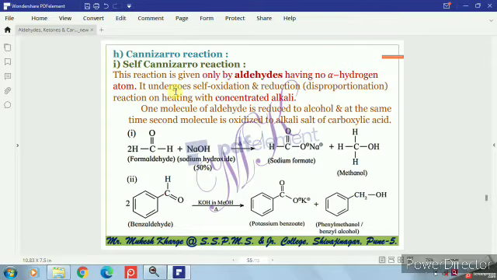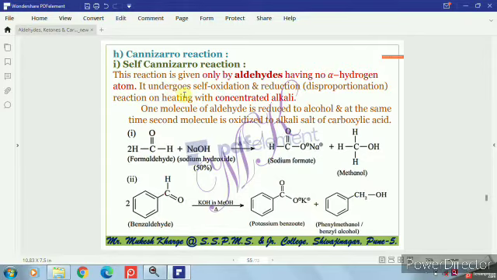One important thing is that there is a self oxidation reduction reaction. All are familiar with the redox reaction: one molecule undergoes oxidation, another molecule undergoes reduction. The same thing will happen for that molecule, which is only one.